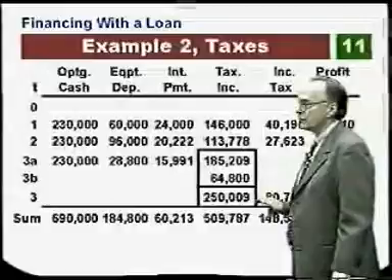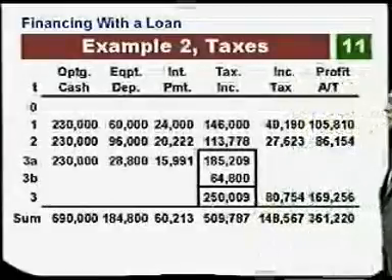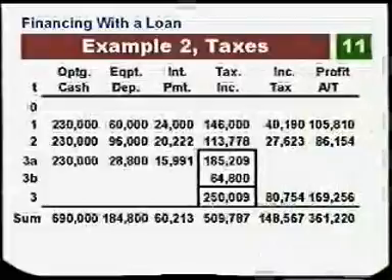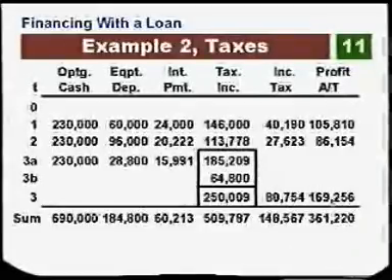That gives us a total taxable income of $250,009. The income tax on that is $80,754. Again, the method is the same. Take the excess above $100,000, that is $150,009, tax that at 39%. The portion from 0 to $100,000 results in a tax of $22,250.